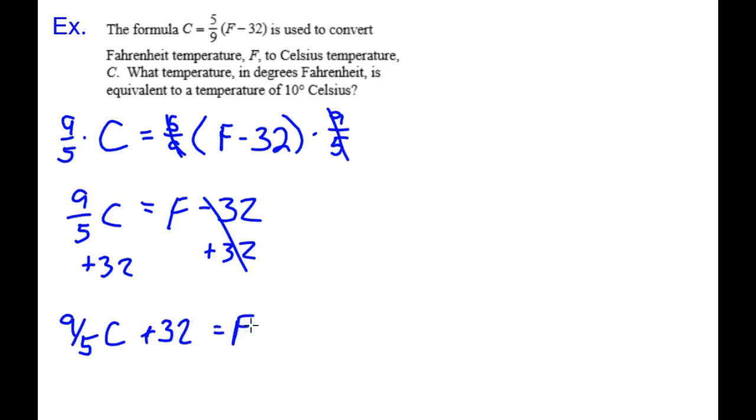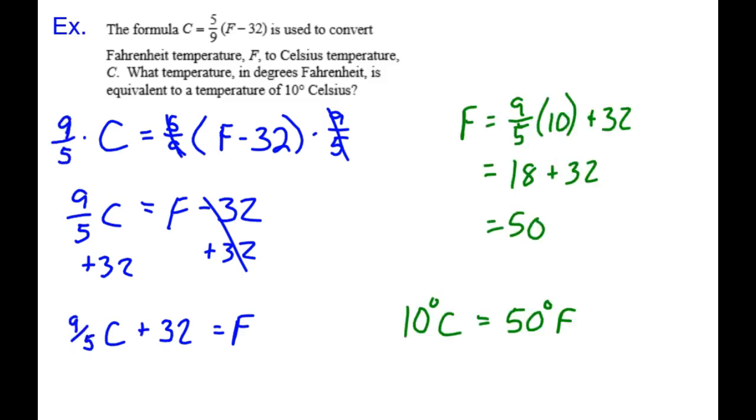Now the last step is to substitute 10 in for our Celsius temperature. So F is equal to 9/5 times 10 plus 32. If we take 10 divided by 5, that's 2. 2 times 9 is 18. 18 plus 32 gets us 50. So we determined that 10 degrees Celsius converts to 50 degrees Fahrenheit.